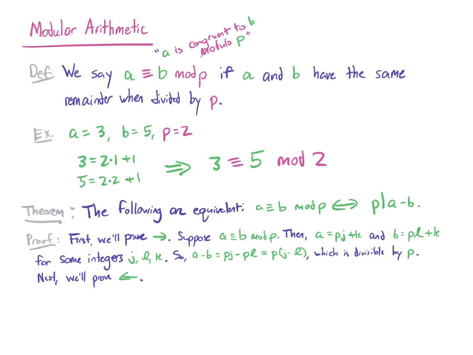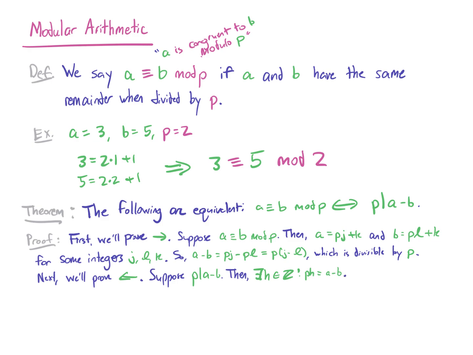Okay, so to do this, suppose that P divides A minus B. Then it must be the case that there exists an integer that I'll call h in Z with the property that P times h is equal to A minus B. So that's the definition of one number dividing another.